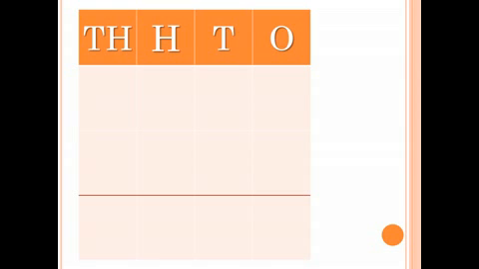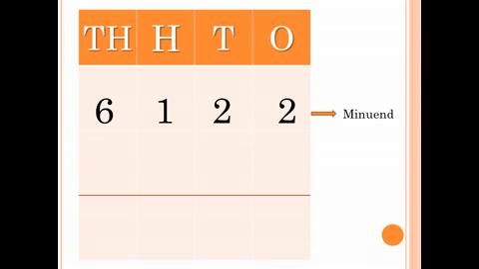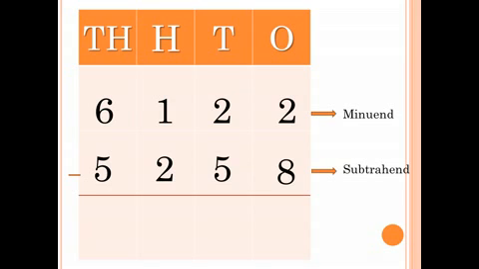Now here, let us take an example. 6,122, that is our minuend, minus 5,258 is our subtrahend. Now we have to subtract. From 2 we cannot subtract 8, so we borrow 1 from the tens place, so that is 12.